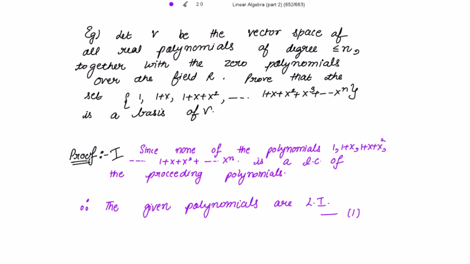One part is over. Then let's take one polynomial from V, and let me name that polynomial f of x. I'm taking this polynomial as a0 plus a1 x plus a2 x square up to an x to the power n. Let this be a polynomial from V, and I will show that it is a linear combination of the given polynomials.